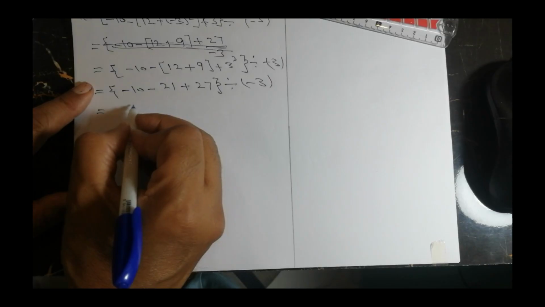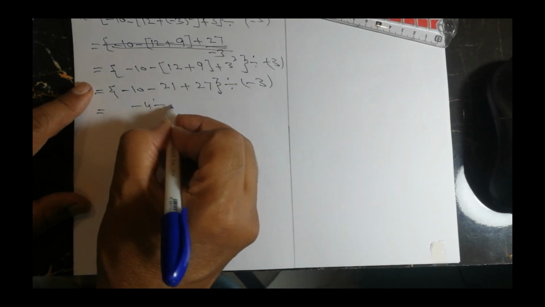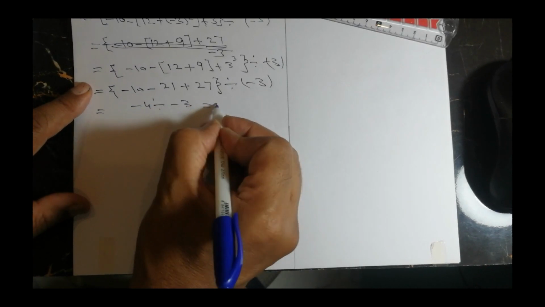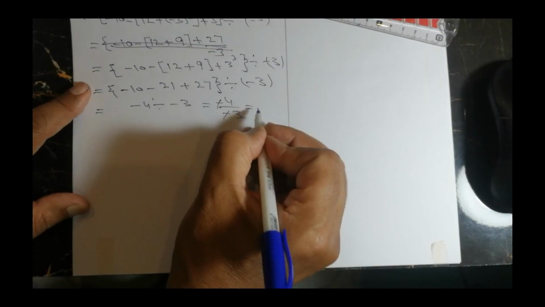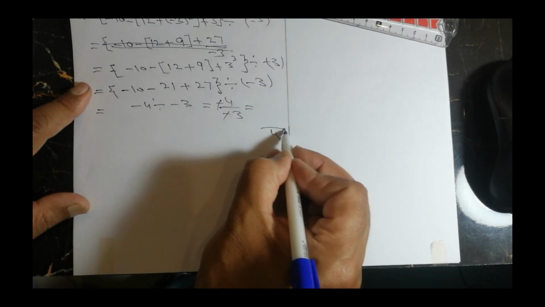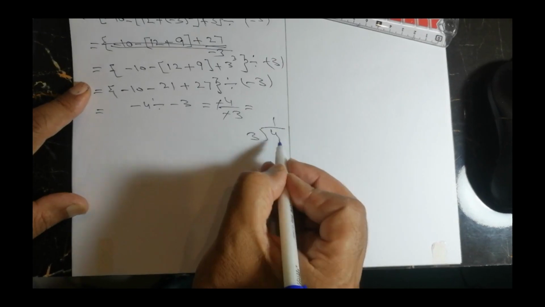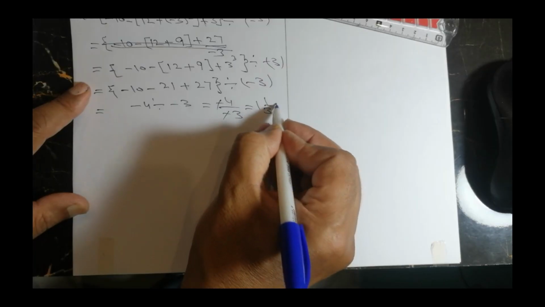So this will be minus 4 divided by minus 3, that is minus 4 over minus 3, cancel. Now divide 4 by 3, 3 ones are 3, remainder 1, that is 1 whole 1 by 3. This is the answer.